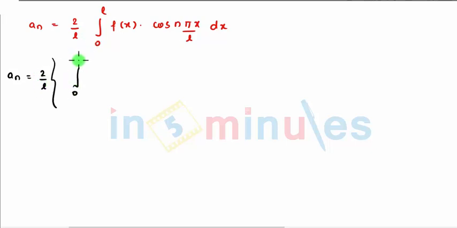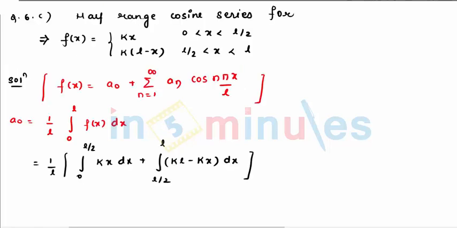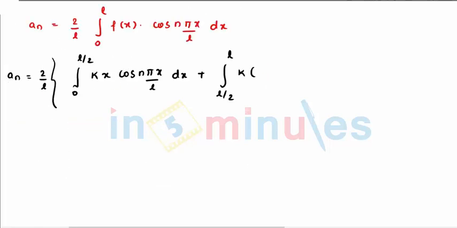First, from 0 to l by 2, the function is kx cos n pi x divided by l dx, plus from l by 2 to l, k, our function is l minus x into cos n pi x divided by l dx. So let's integrate this.